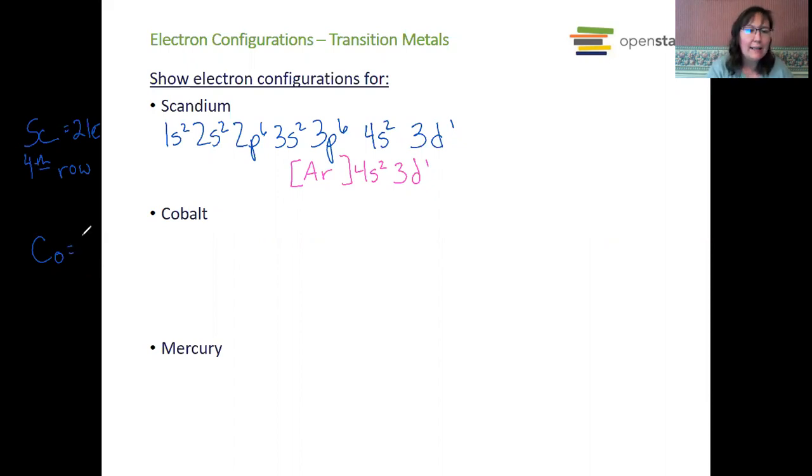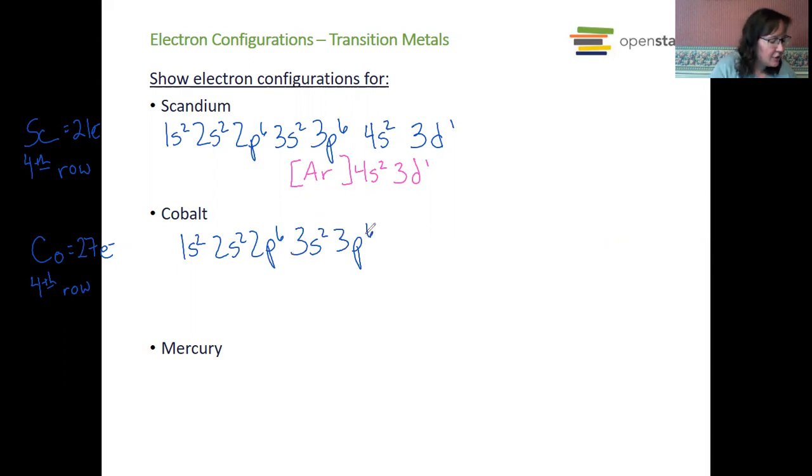So cobalt has 27 electrons. It's also in our 4th row, but it's a transition element, which means it's going to be in the D block, and we're going to have this going down. So once we know we're in the 4th row, we know that we have all this that looks like argon. So I can do that again, 1st row, 2nd row, 3rd row.